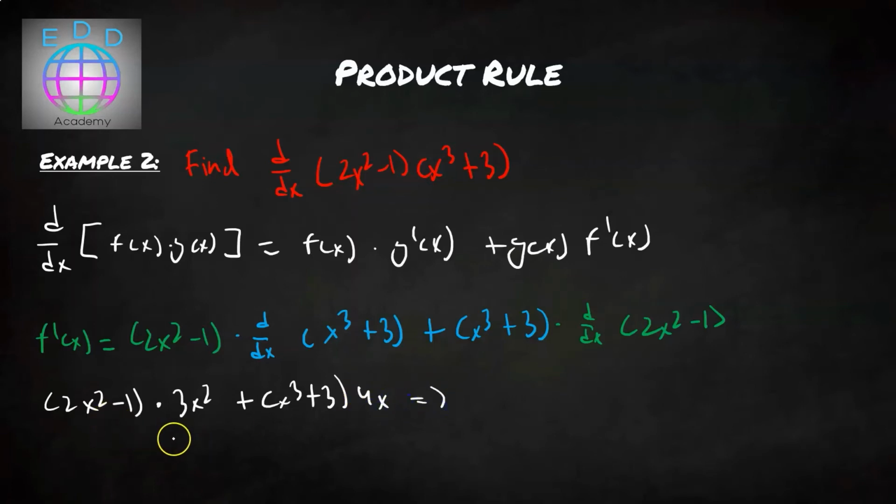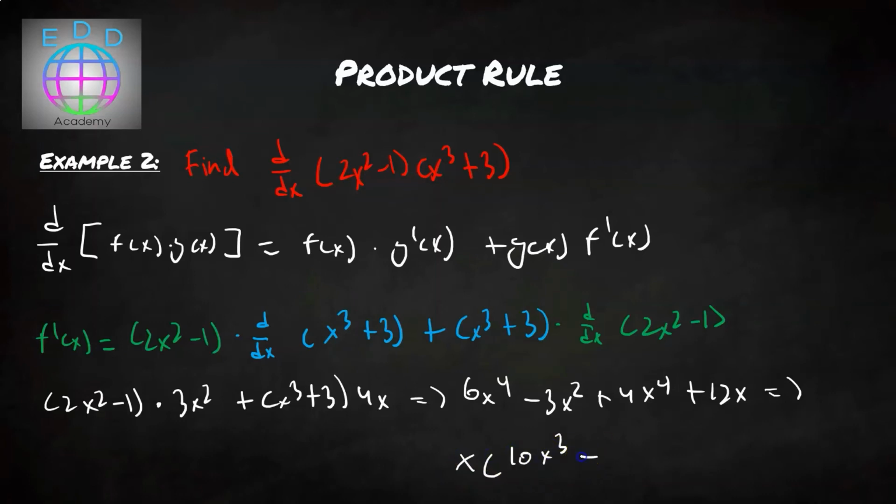If we distribute both sides here, we have 6x to the 4th minus 3x squared plus 4x to the fourth plus 12x. If we simplify this, we have x times the quantity 10x cubed minus 3x plus 12. Example 2 is finished.